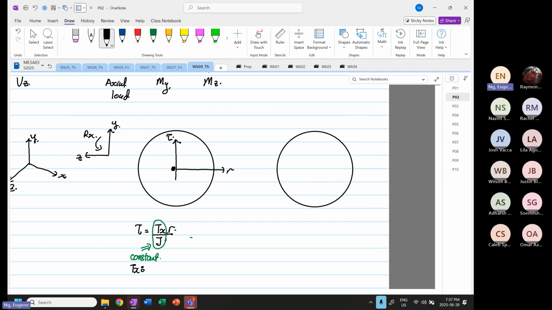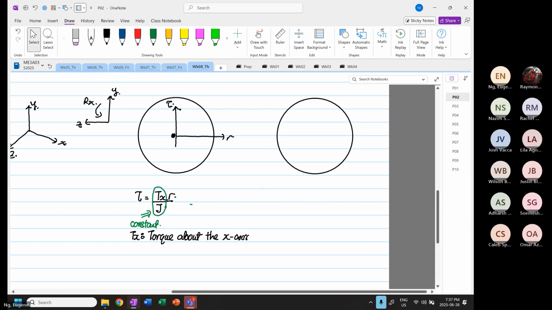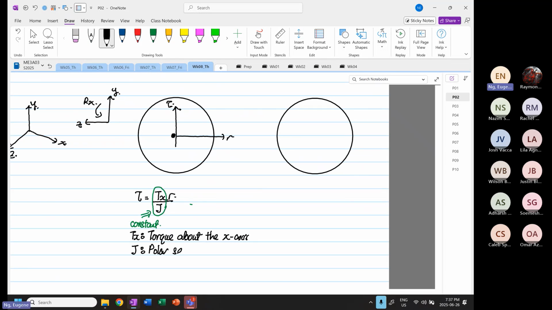So Tx is the torque about the x-axis, right? J is the polar second moment of area, and r is the radial distance.